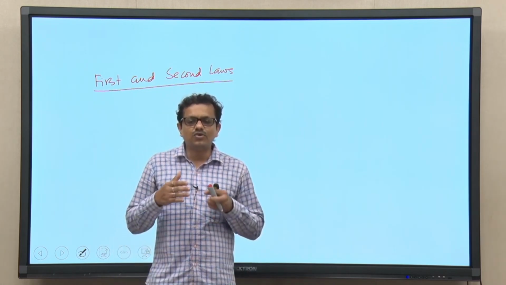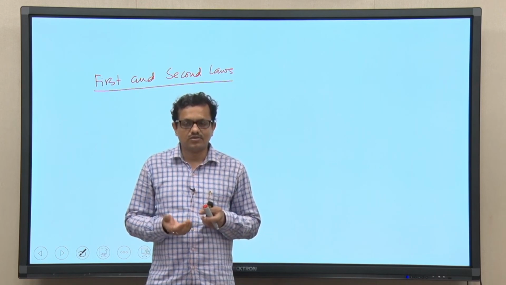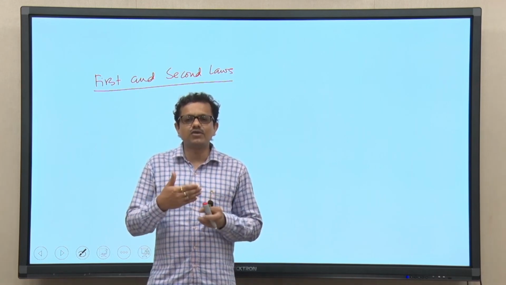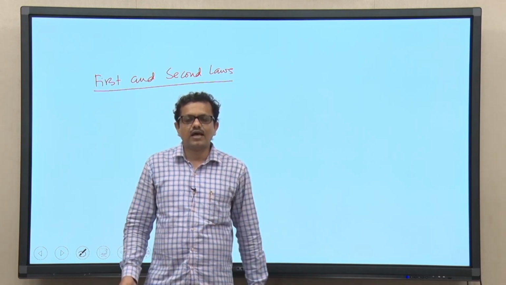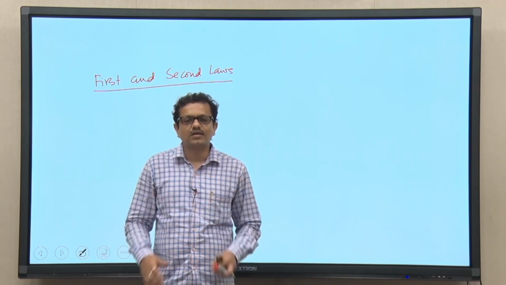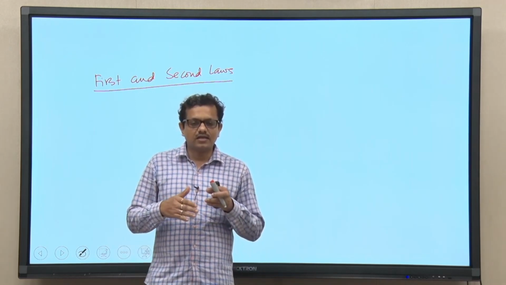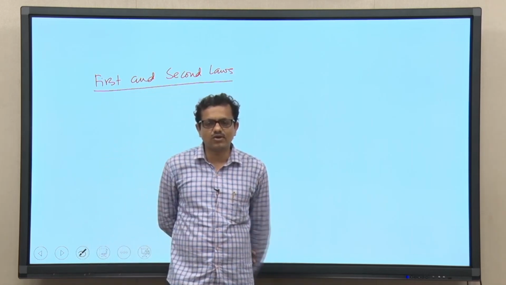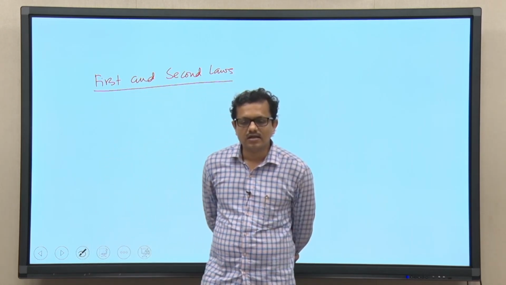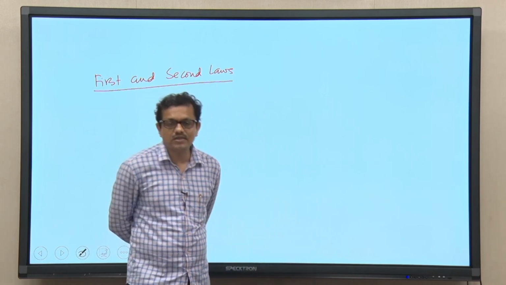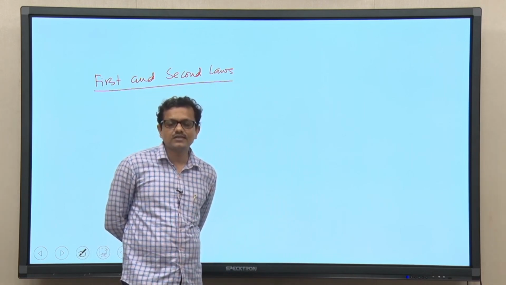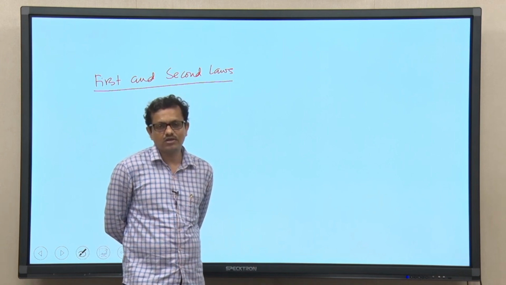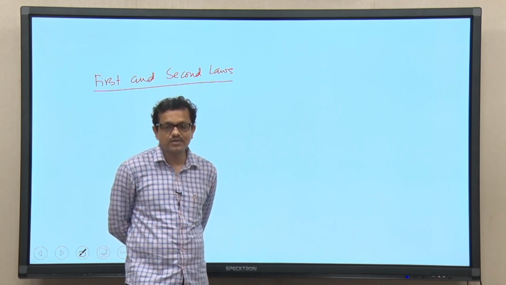first we need to know the processes which will eventually constitute the cycle, and their character, whether the process is a reversible process or an irreversible process, whether the process is a constant volume process or a constant pressure process.